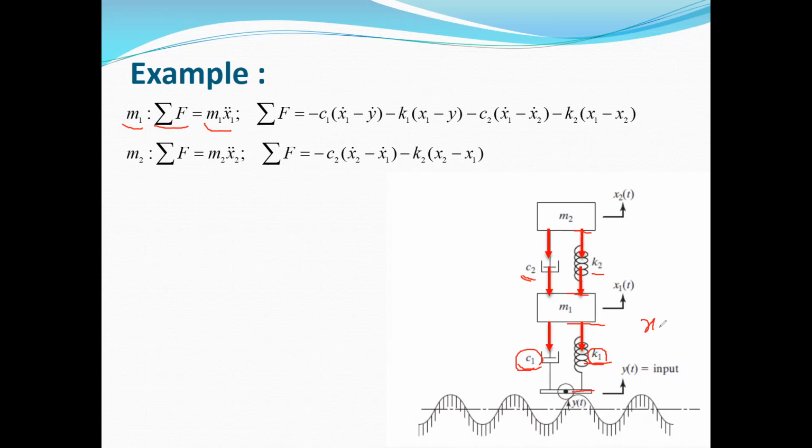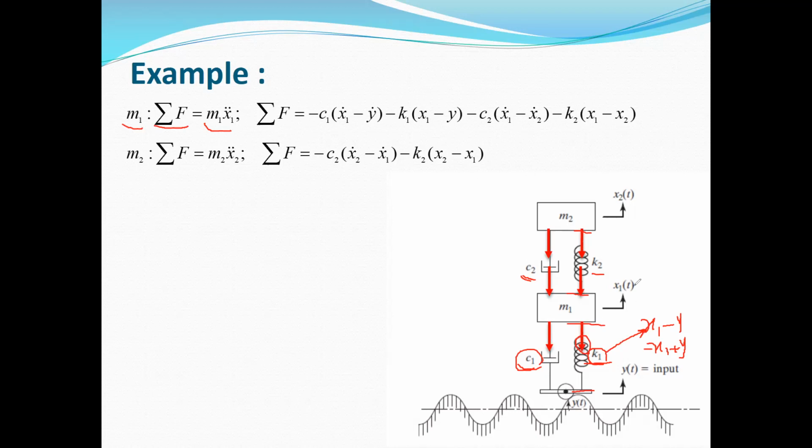I mean, it will be x1 minus y, or minus x1 plus y, according to the direction. Here I assume that the direction is downward, so the sign of x1 according to this direction must be positive. I will use the first term to calculate the force in this spring.